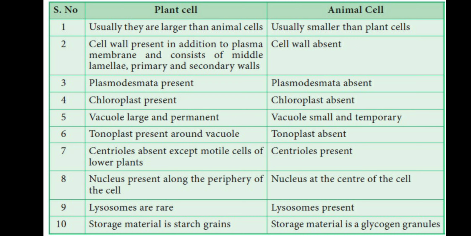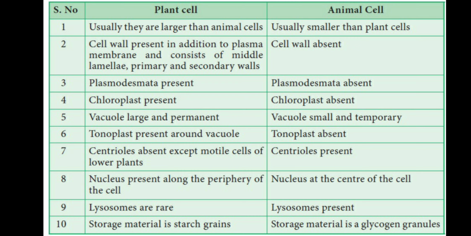So plant cells have plasmodesmata connections. What is plasmodesmata? The cytoplasmic connection between two adjacent cells. Plasmodesmata are present in plant cells while they are absent in animal cells.